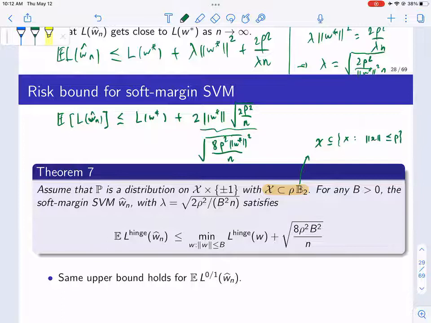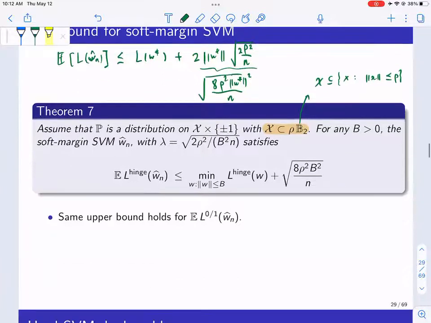And if this is the case, then the hinge loss for the SVM, L W Z, would be 1 minus Y inner product W and X.